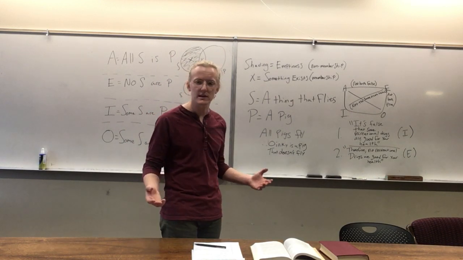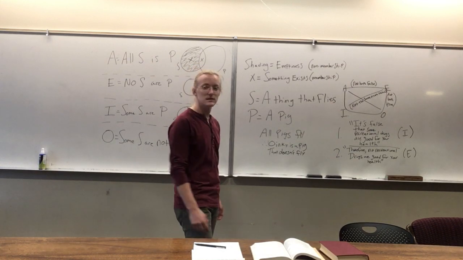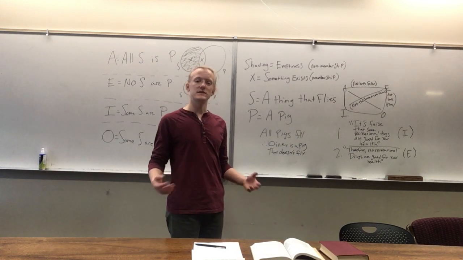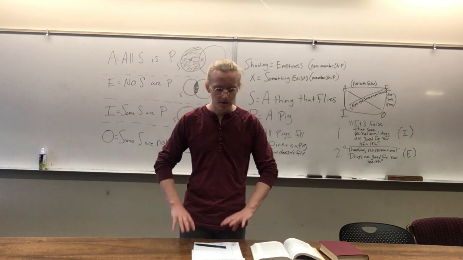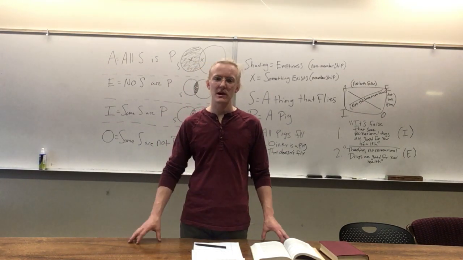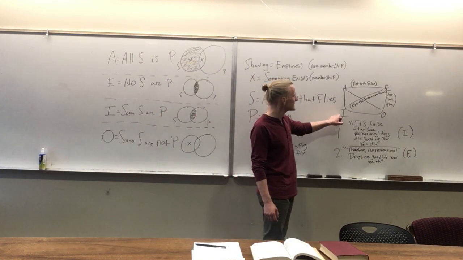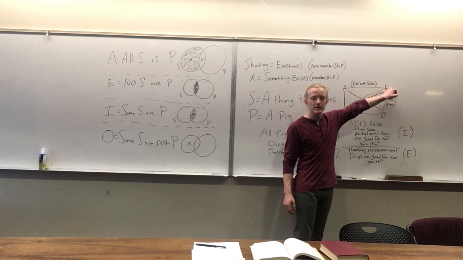If we're talking about different predicates, then we can't compare the I's and the E's and A's and the O's. Our sentences have to be of the same logical form or to involve the same logical operators in order to compare their logical form.